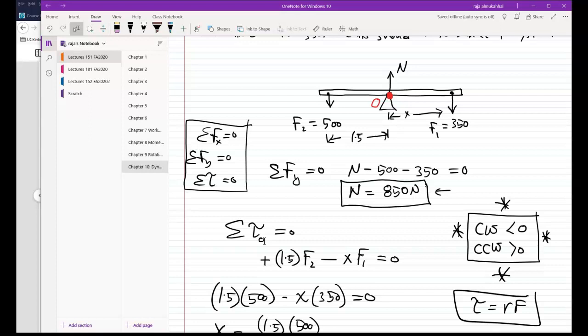So I jump to equilibrium, which is section 10.6. All right, so I want to do example 10.12, and that's page 304. Let's go to it.